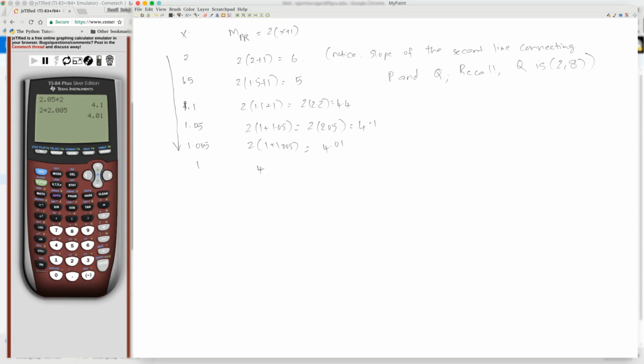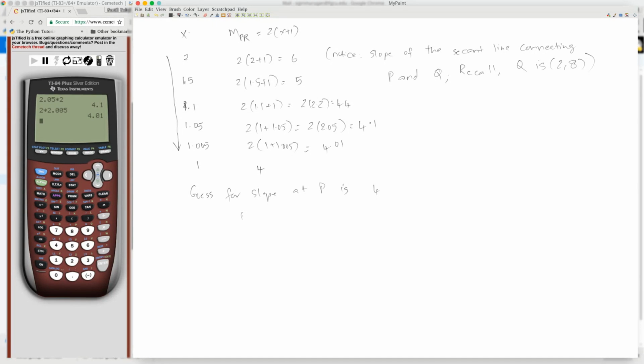As you can see, these slopes approach the value 4. So as you move x closer to 1, the slope moves closer to 4. So a rational guess for the slope at P exactly is 4.